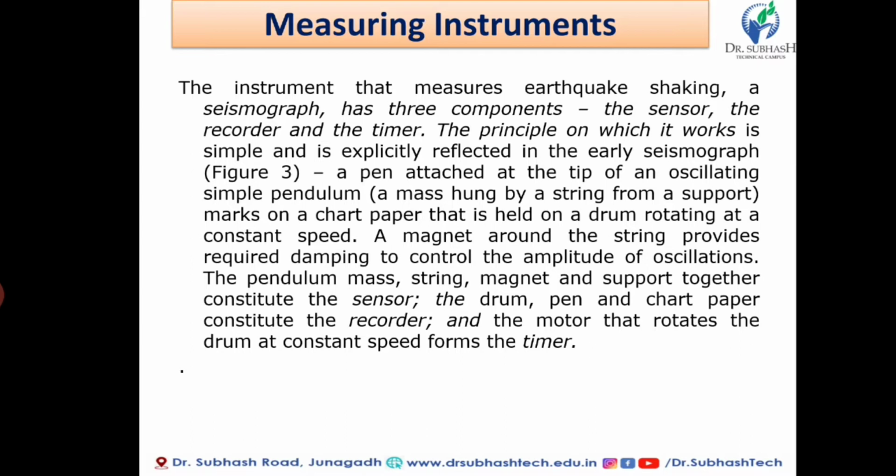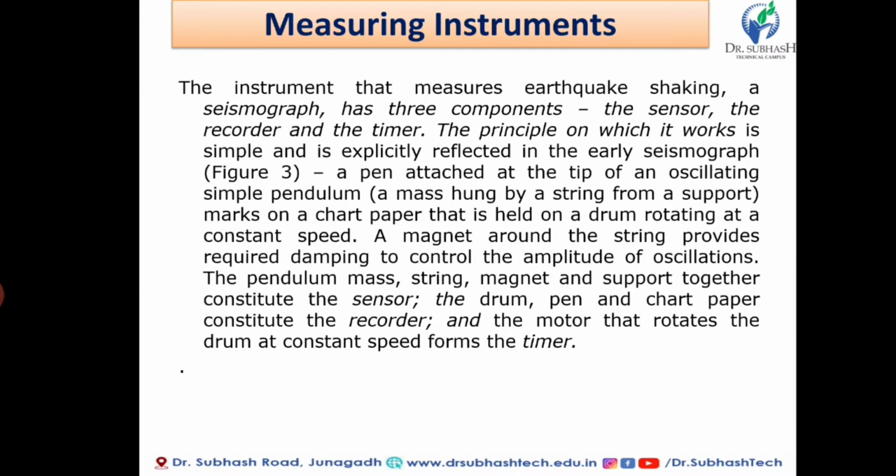The principle on which it works is very simple, reflected in the early seismograph we will see in this figure 3. A pen is attached to the tip of a simple pendulum with a mass hung by a string from the support. The pen marks a chart paper held on a drum rotating at constant speed.